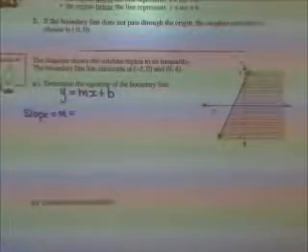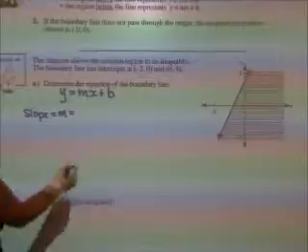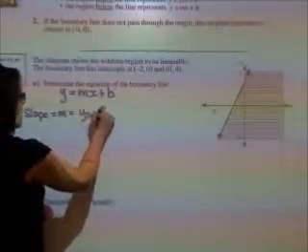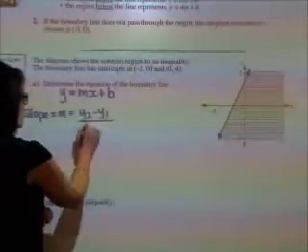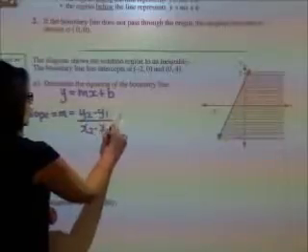So how can I use the coordinates to find the rise over run? Which coordinates deal with the rise? The y coordinates. So this becomes the difference in my y coordinates, and the run is the difference in my x coordinates. It doesn't matter which one you let be y2 and y1 as long as you're consistent.